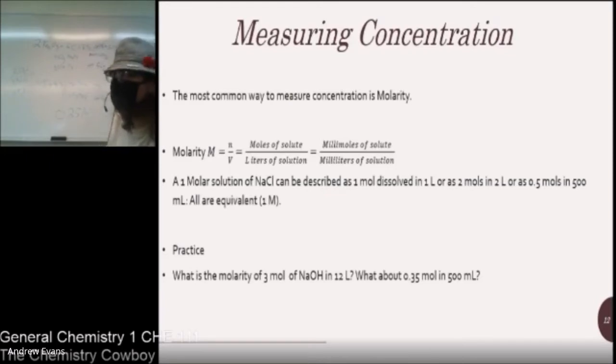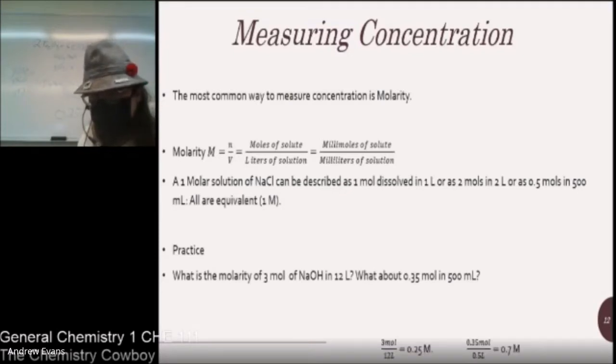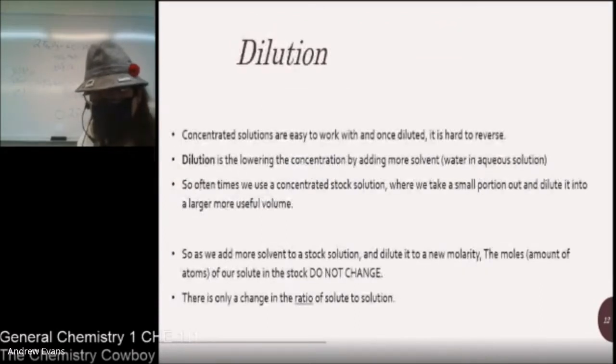You turn milliliters into liters, which is 0.5. So if you have moles and you have volume, molarity should be straightforward. But where we're going to take this is in lab, we're going to have to deal with molarities and use this to find out reaction quantities.